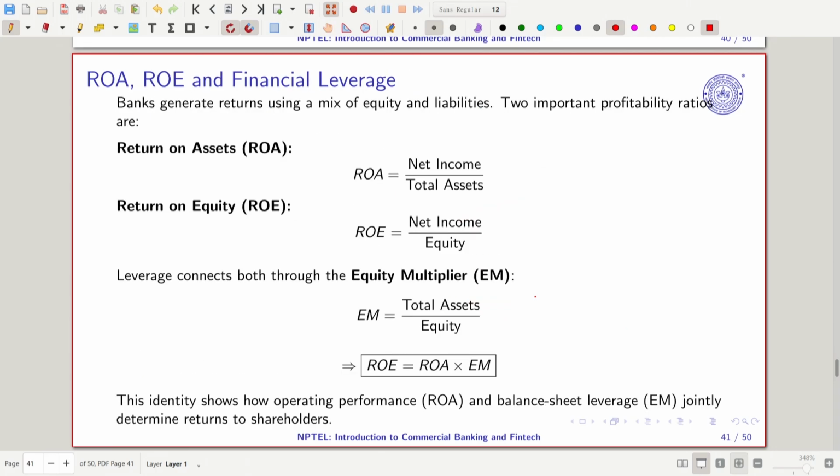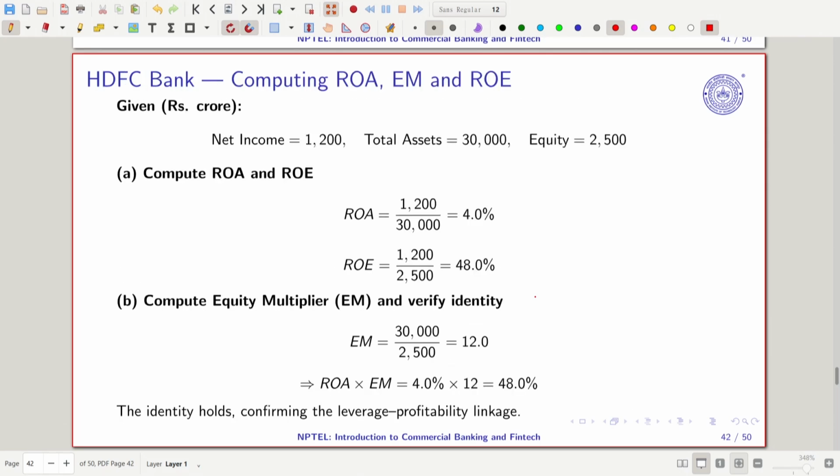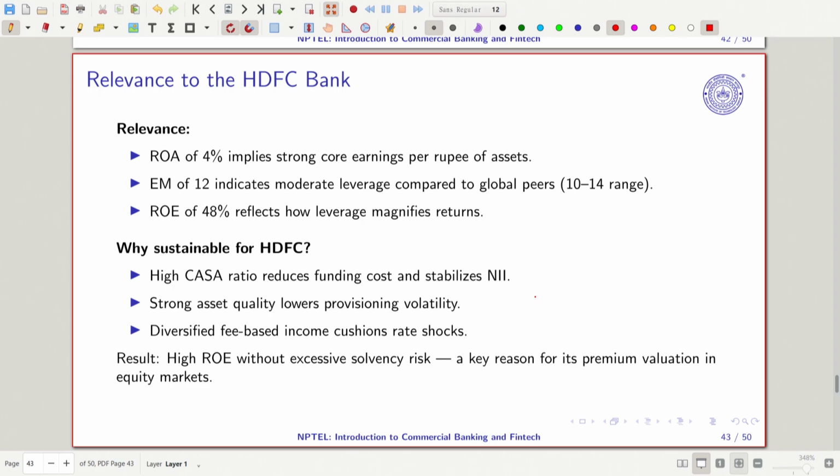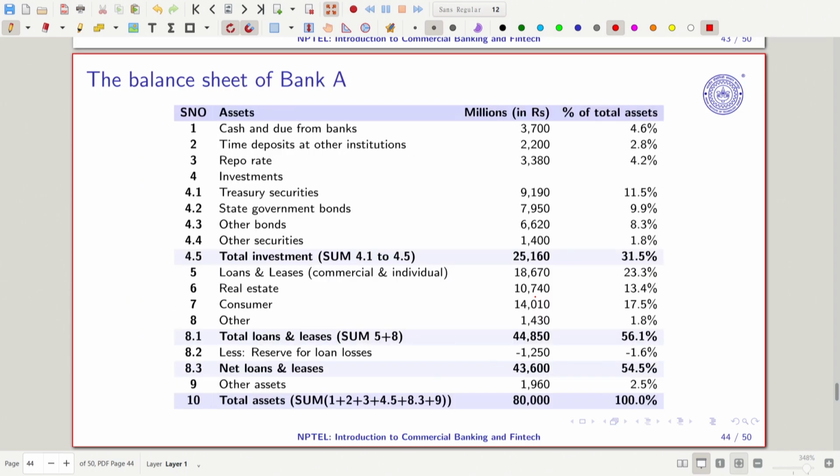Similarly, I have given you one more example, you can have a look, right? Again, I gave this for your understanding.